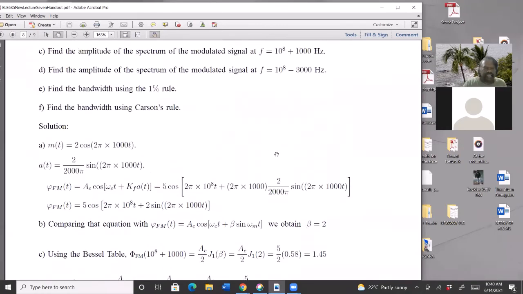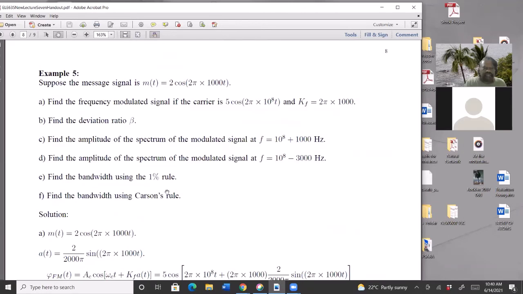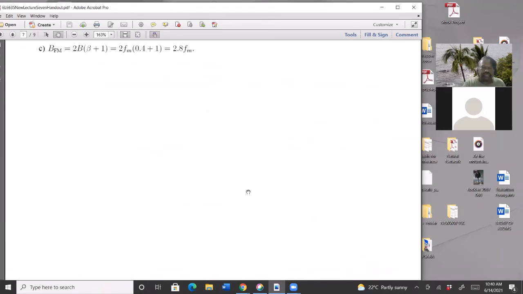Now the next part is find the bandwidth using the 1% rule. So for this beta value, which is 2, we go to the table and check where they die down. Beta is 2.